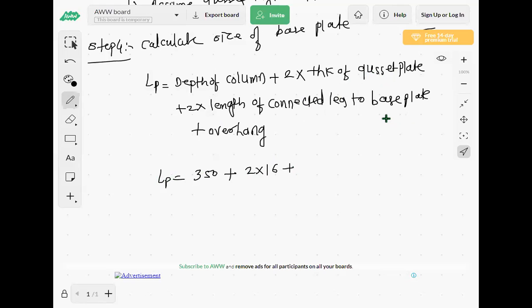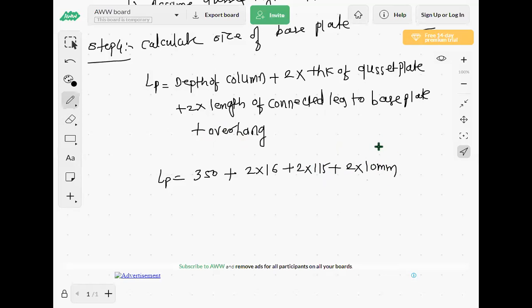So this is the angle. This depth we will place as 150 and this will be 115. So here 2 into 115. And now overhang. That overhang also we have to assume. The overhang will be 2 into 10 mm.